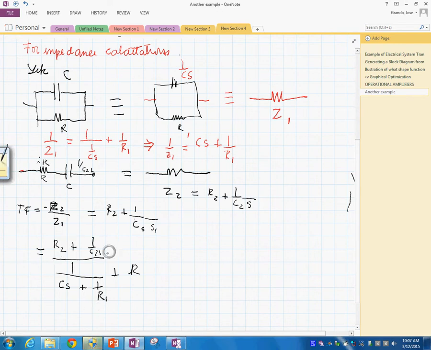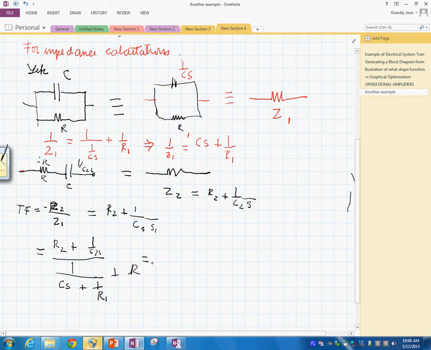So if you try to do this in symbolic form, you can. You just need to do the right products and make sure that this is in the right form.